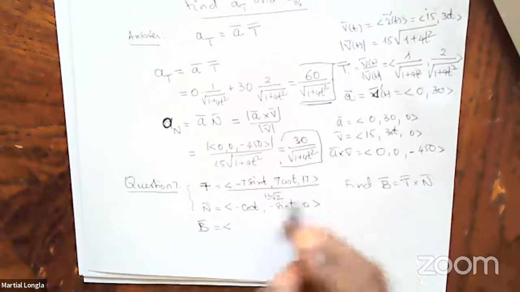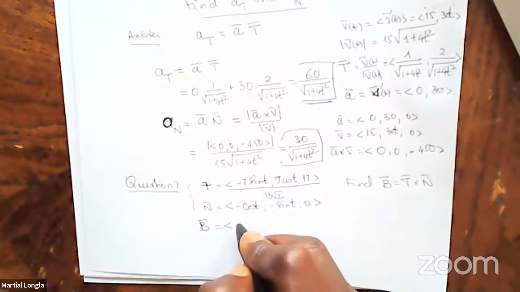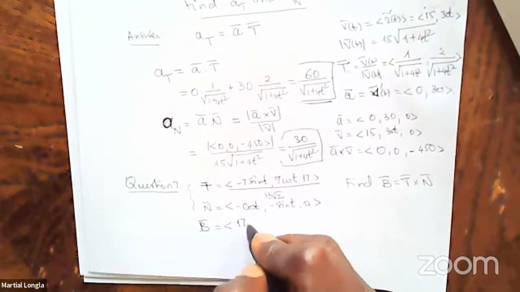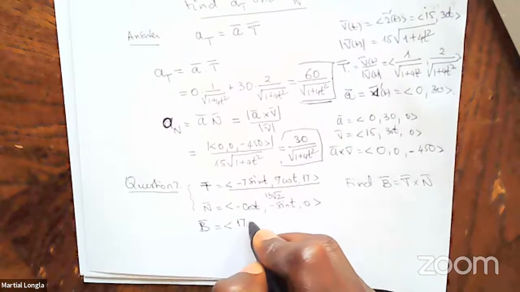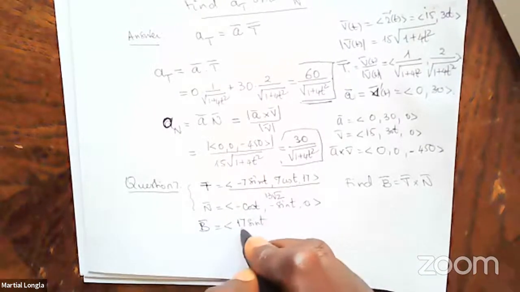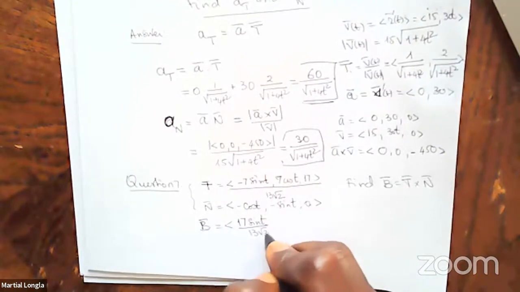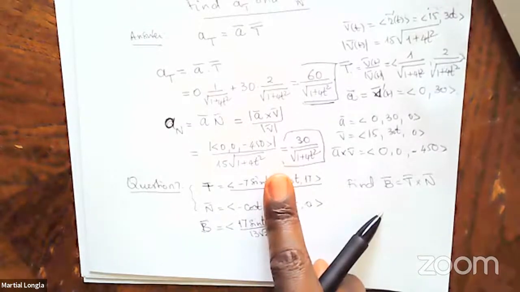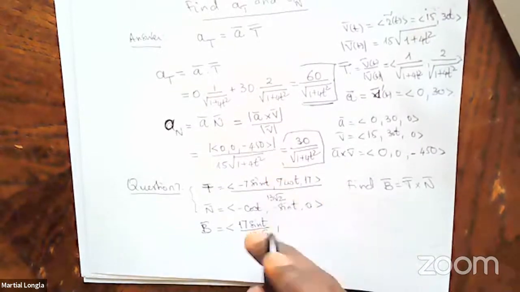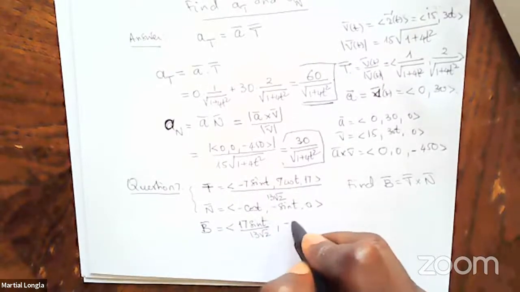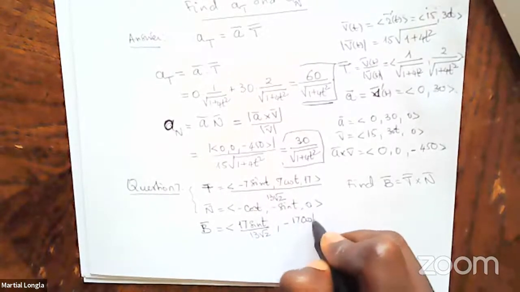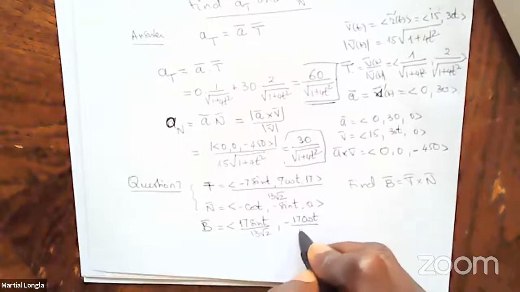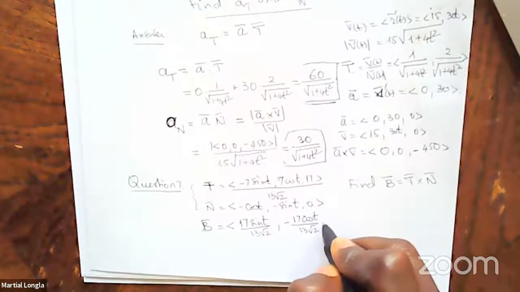0 minus minus plus 17 sine T over 13 root 2. Then you cover this, you get 17 cosine and the minus, so that's minus 17 cosine T over 13 root 2.